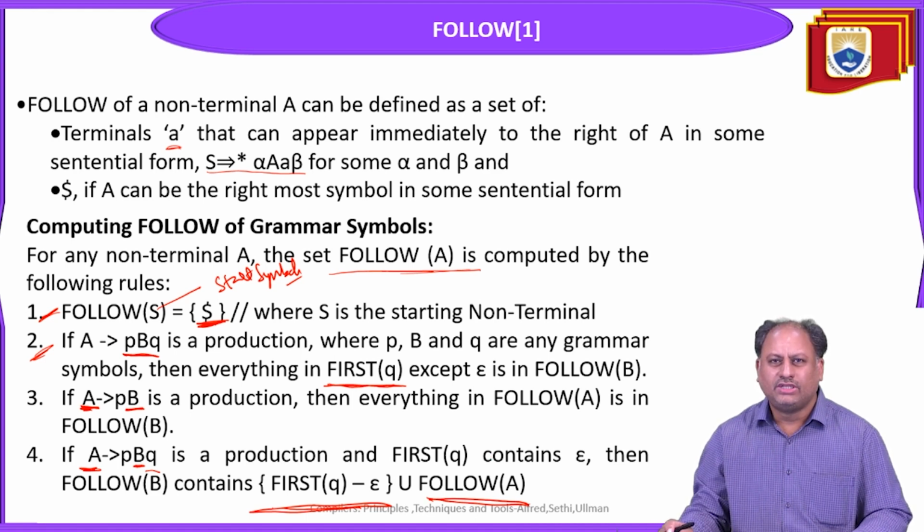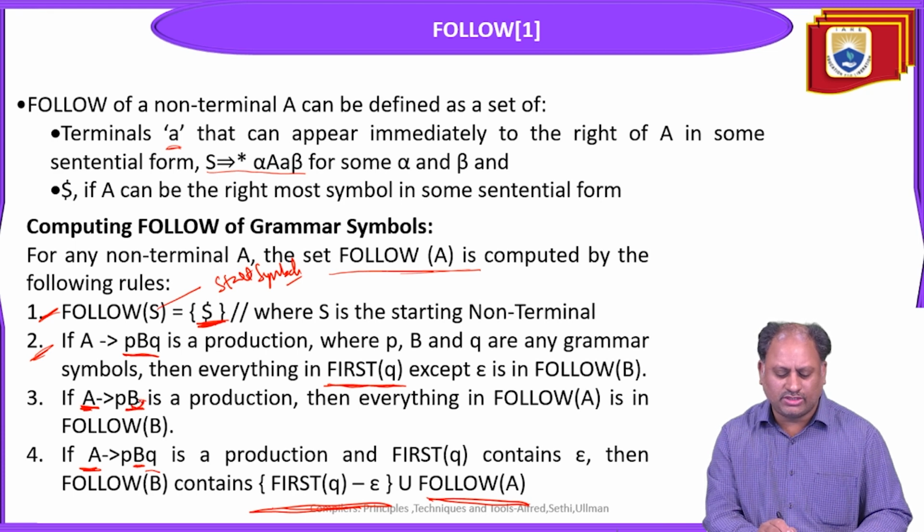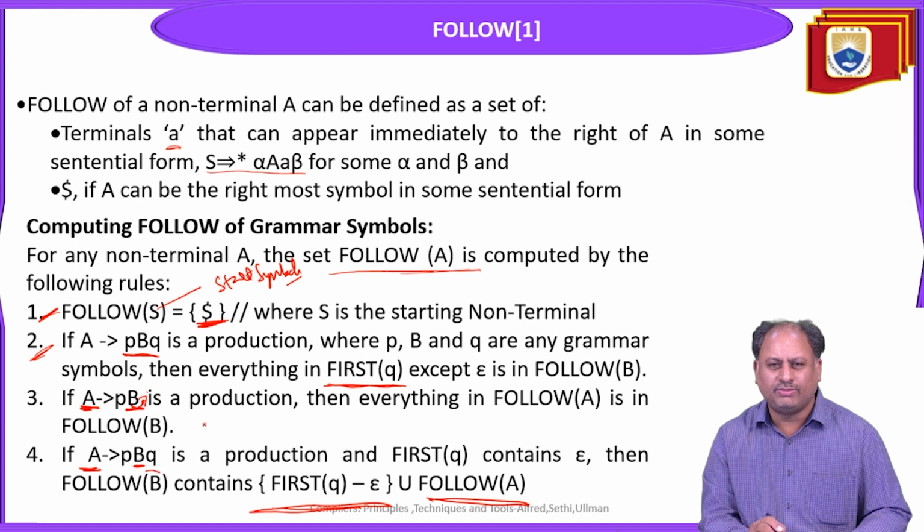Wherever the variable is to be applied for this follow computation, we observe the list of variables on the right-hand side of productions where it appears. Here, the third rule says there is no appearance of a symbol after B. Immediate follow means the symbol immediately next to that symbol.